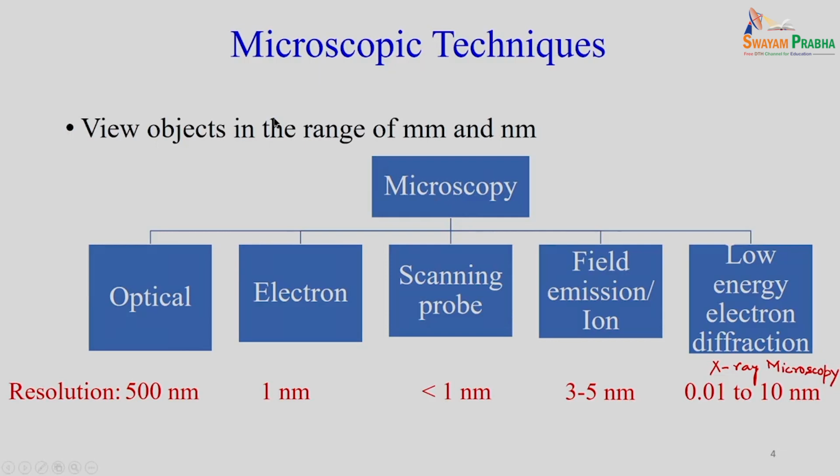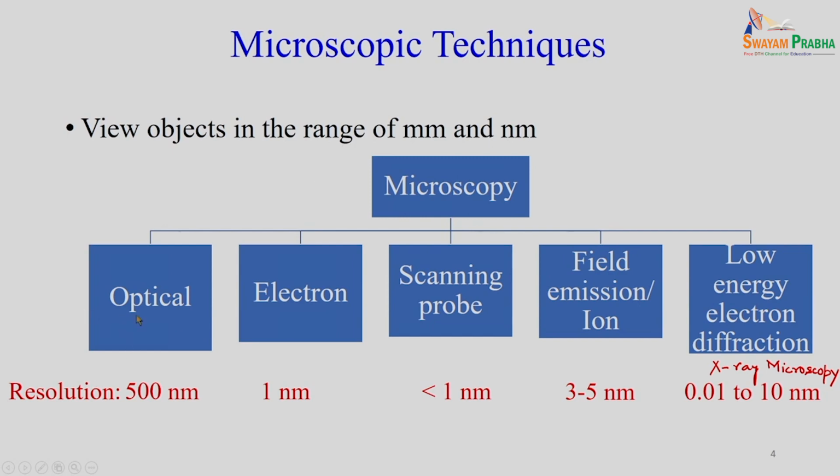Basically the whole objective of microscopy is to view the sample, the morphology or the object, in the range which we cannot see with the naked eyes, and the typical range varies between millimeter to nanometer.